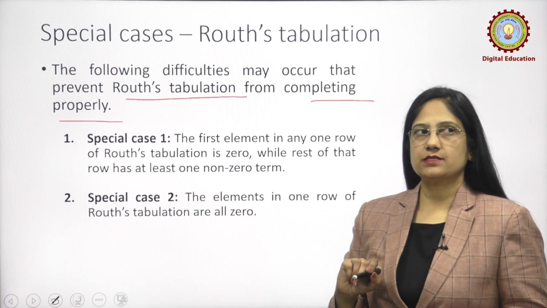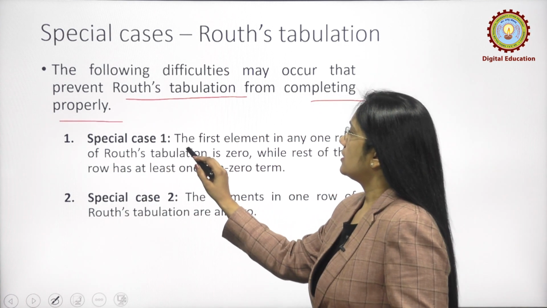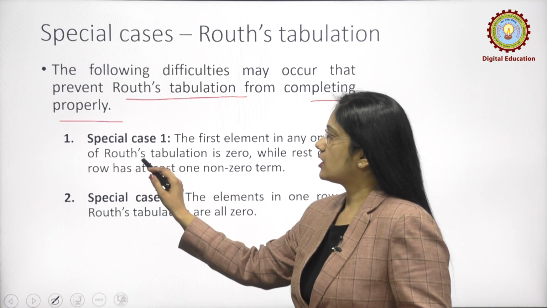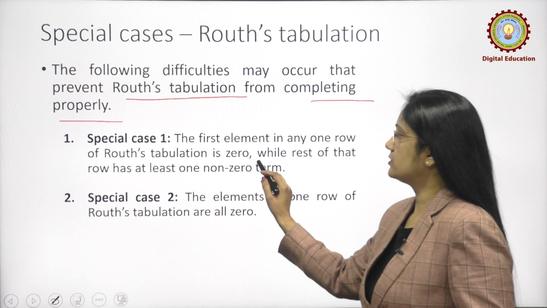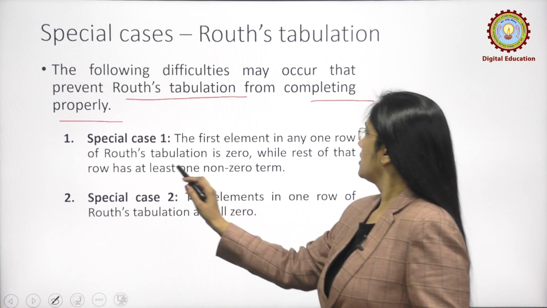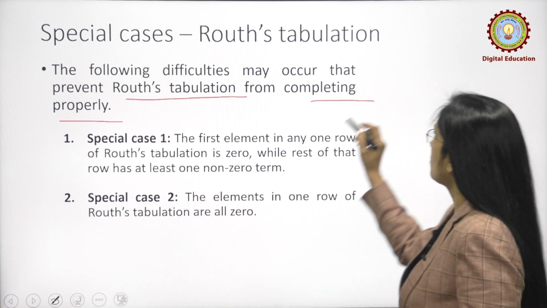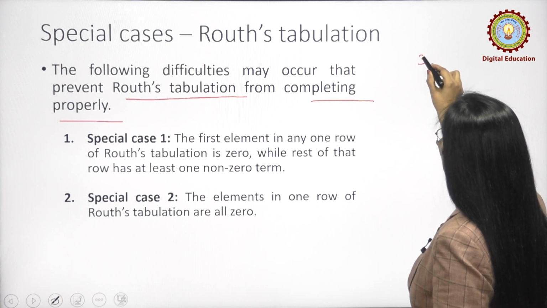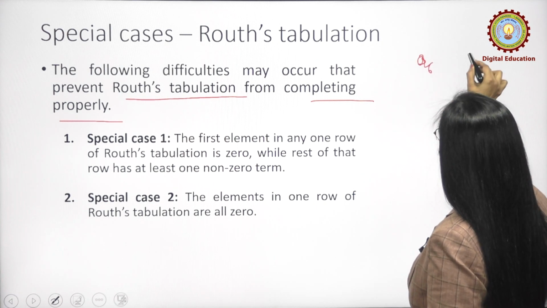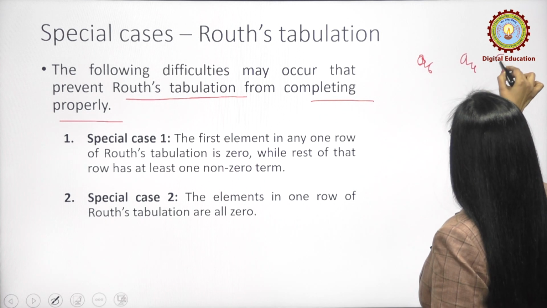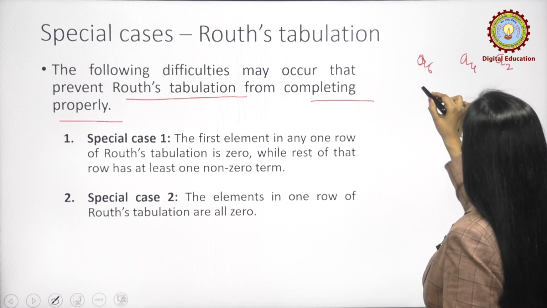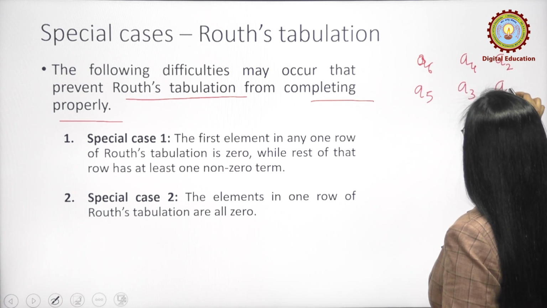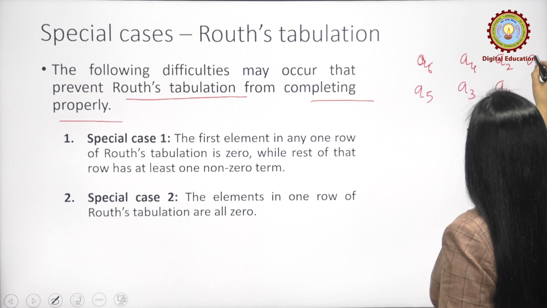The first case is that the first element in any one row of the Routh's tabulation is 0, while the rest of that row has at least one non-zero term. For example, we have the terms A6, A4, A2, here we have A5, A3, A1 and A0.